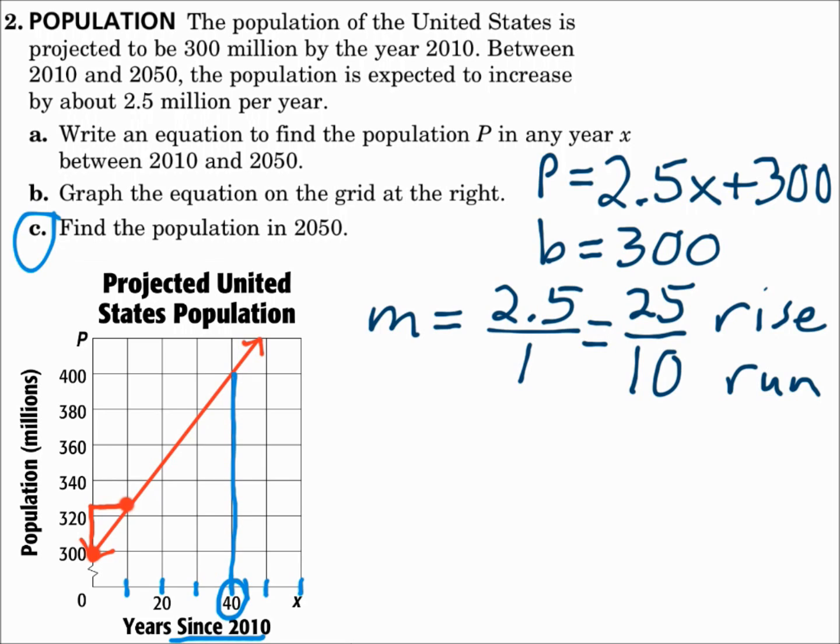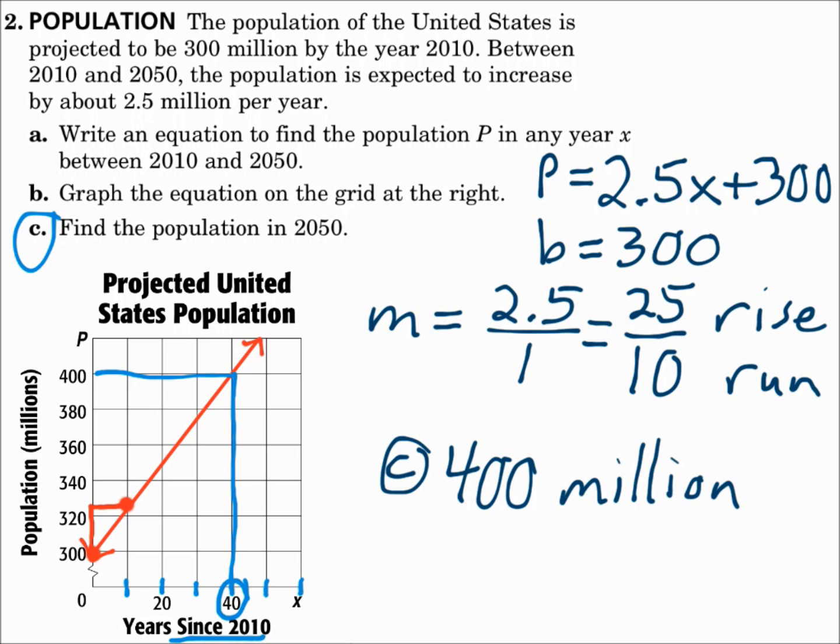If we match that with the y-axis, it's approximately 400, which is in millions. So really, in 2050, we're going to have about 400 million people. Look at the years since 2010, and since 2050 is 40 years since then, find out where that matches the y-axis on the line.